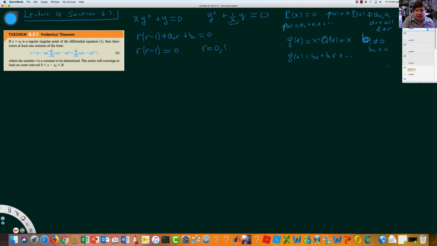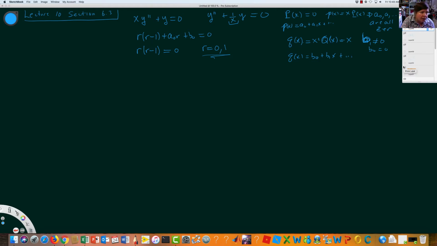What you're going to find is that all the coefficients are the same for both of these. So no matter which one you pick here, you get the same cn's. Now, obviously, those two situations do not give you two linearly independent solutions. It gives you one. You can keep one of them, but it doesn't give you two.